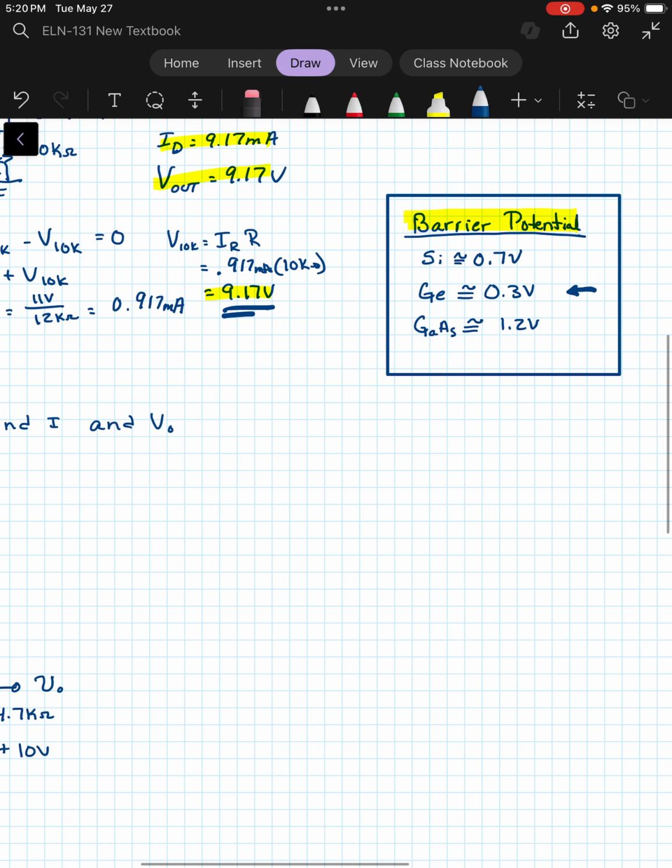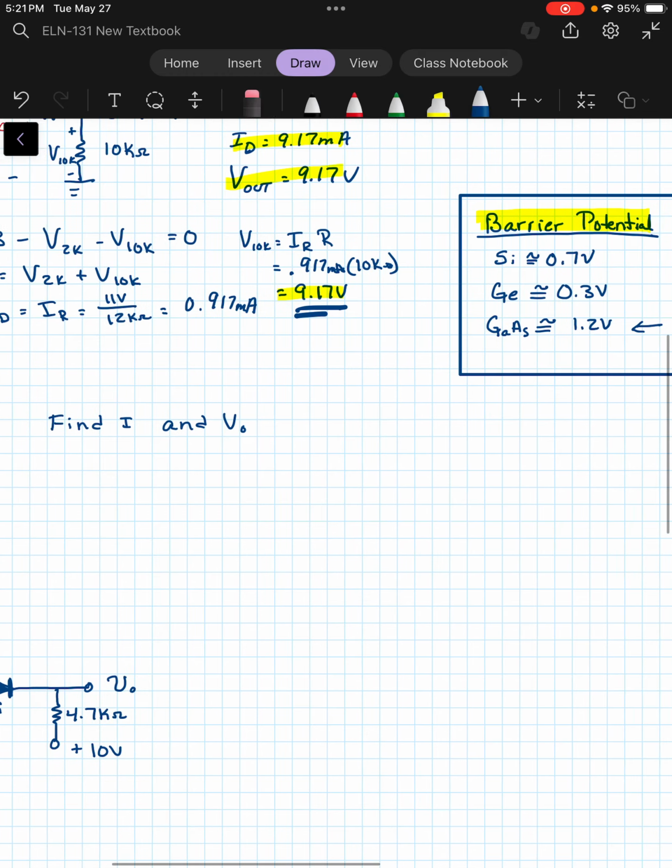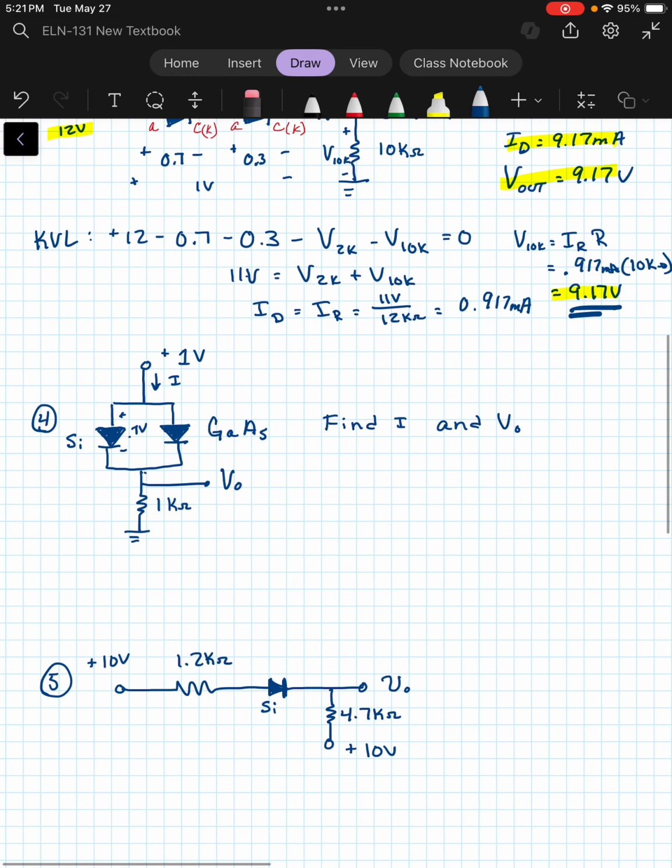The gallium arsenide is 1.2. And if you needed these numbers, I would give them to you. The textbook you're working in just focuses on silicon, but I thought I'd throw in some others. So gallium arsenide is about 1.2. So I would need at least a 1.2 volt drop to turn on that gallium arsenide diode.